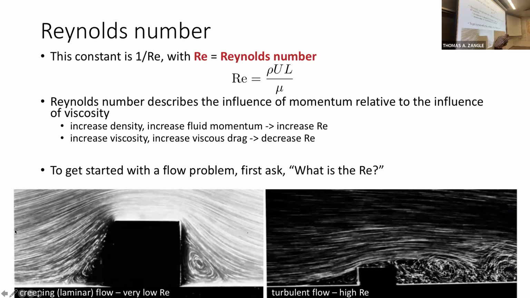But in this case, if you chose this as L or this as L, in either case, you're going to get a big number for Reynolds number. This might be 10 to the 6th, like 1 million. This is a Reynolds number of probably 0.1. So there's 7 orders of magnitude separating these two flows from each other. So if you choose this length, which is twice as big as this length, to compute your Reynolds number, that doesn't matter too much.